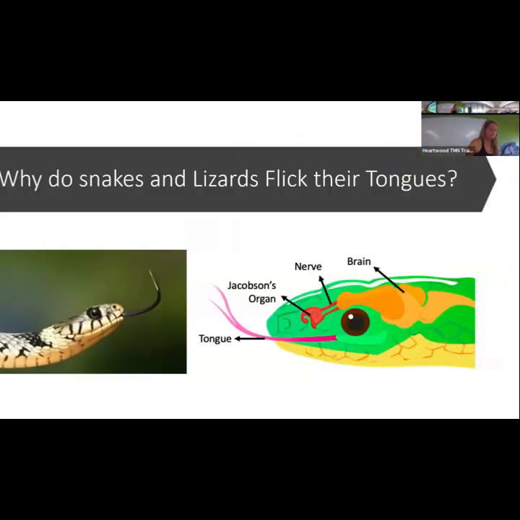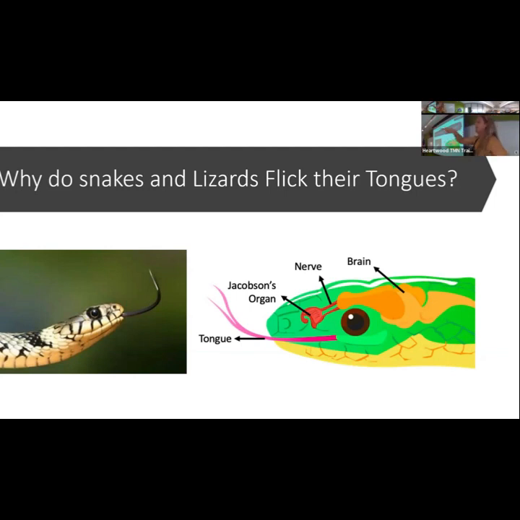Why do snakes flick their tongues? Because they're smelling. This is how they smell. They breathe through their nares, their nostrils, and they smell with their tongue. So it's forked, they stick it out. And if there are more scent particles of a mouse on this side of the forked tongue, which direction are they gonna go?